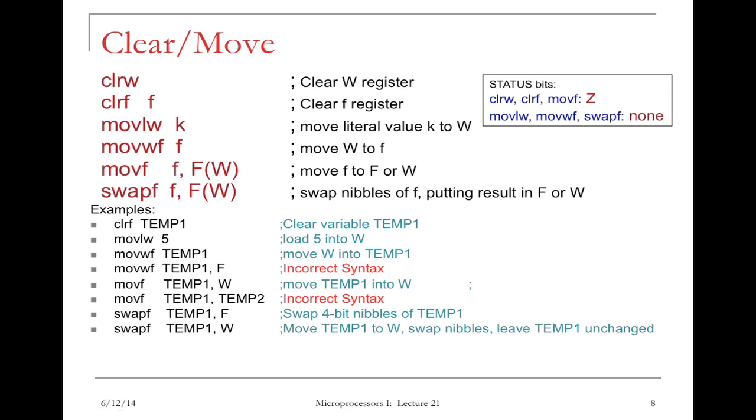They're not separated by spaces. This CLRW, with no operands, you see, is to clear the working register. So W is a special register, and we can clear it. That means we're going to assign 0 to this register, and that's what this is for.